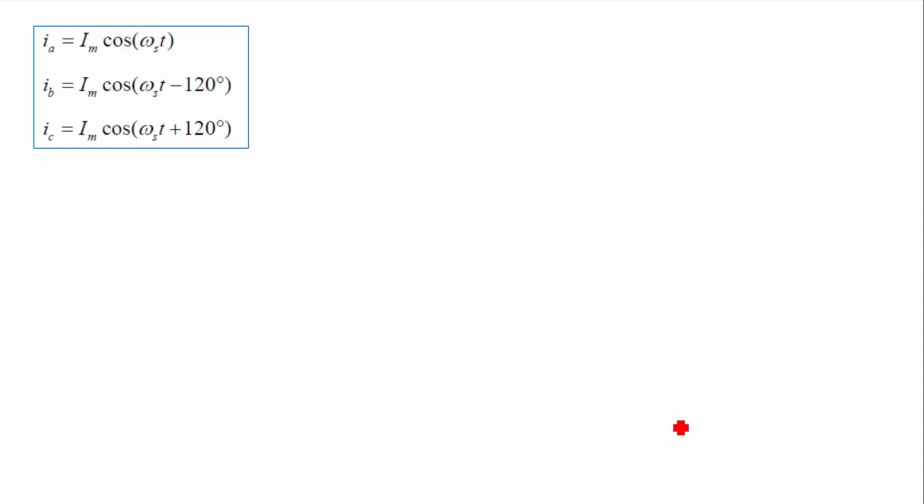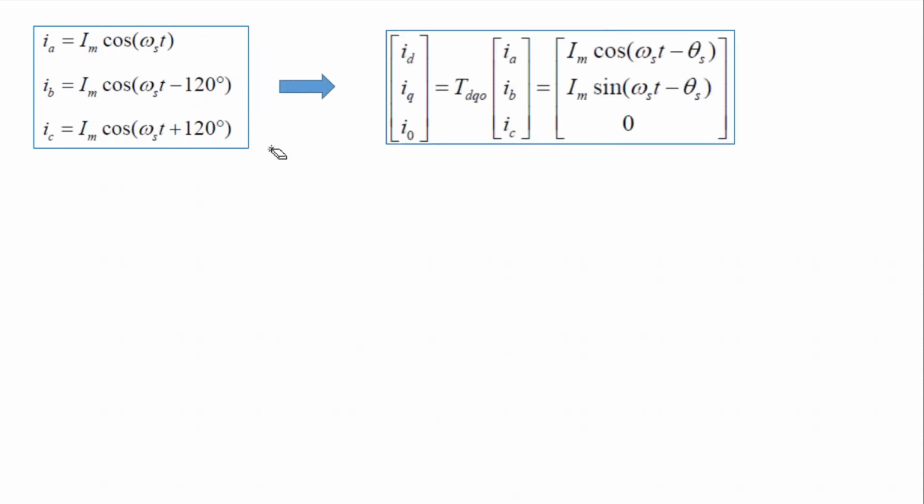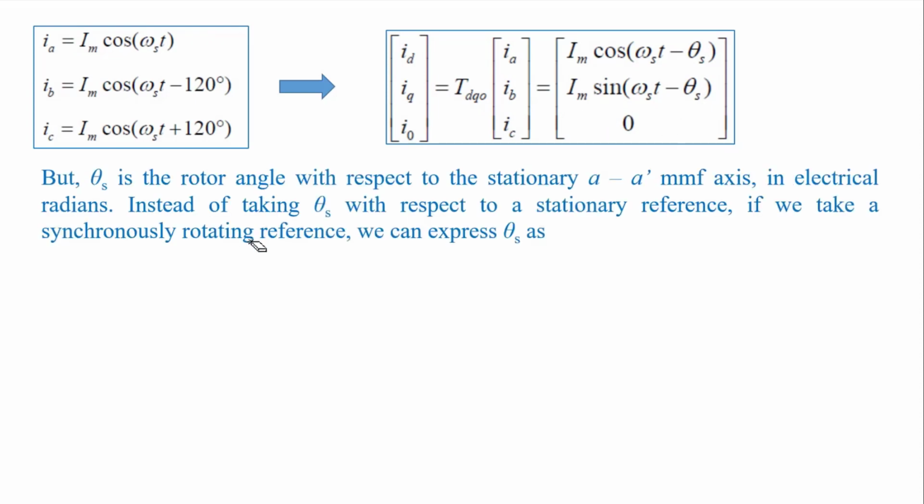Also, we have already seen how the three-phase currents IA, IB, IC transform into dq quantities. We have Id equal to Im cos of (omega s t minus theta s), Iq equal to Im sin of (omega s t minus theta s), and Io becomes 0.